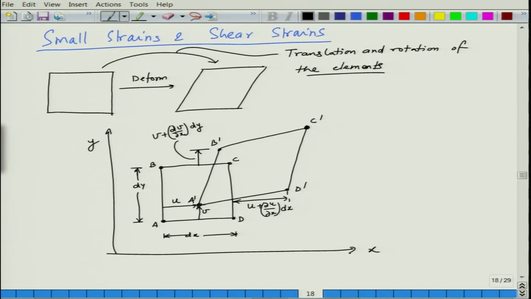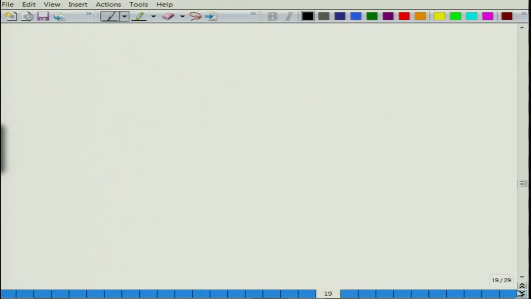So, let us calculate what the strains are. Epsilon xx, let us say we want to calculate the macroscopic strain, will be delta L divided by L naught, and we can write this as A prime D prime minus AD divided by AD, which is equal to A prime D prime by AD minus 1.